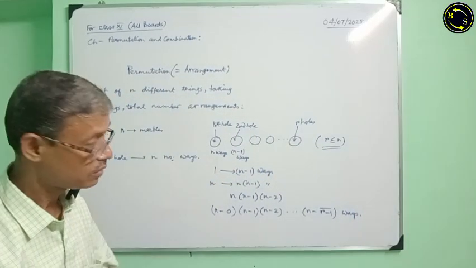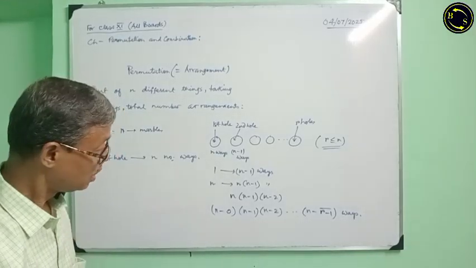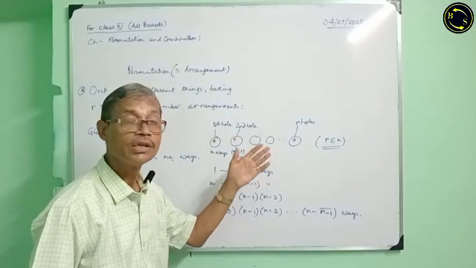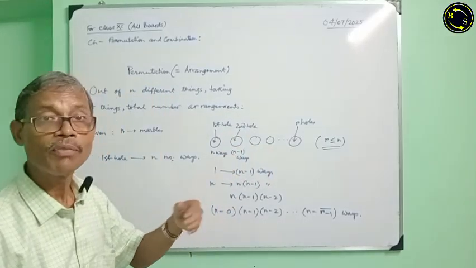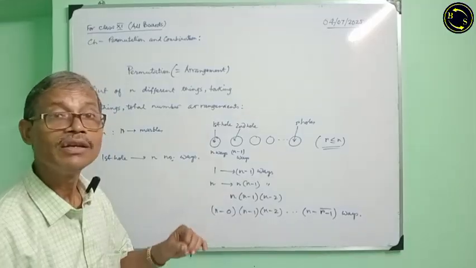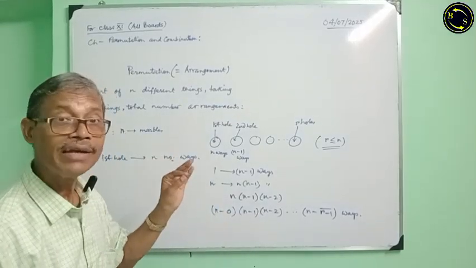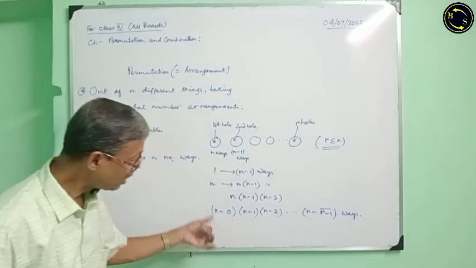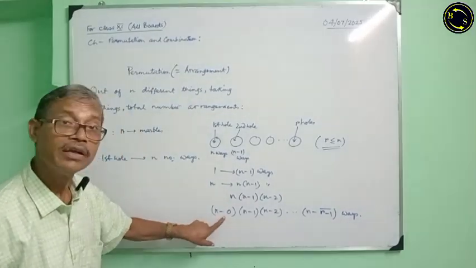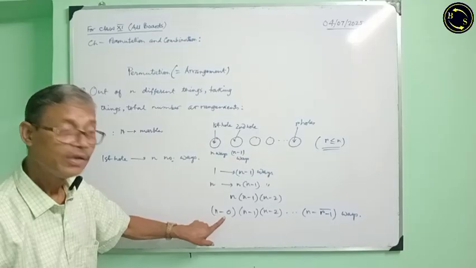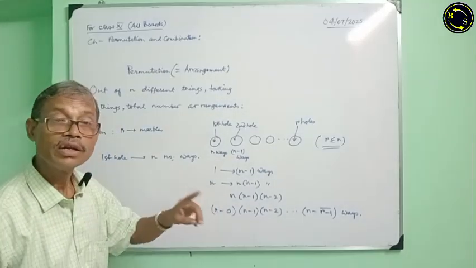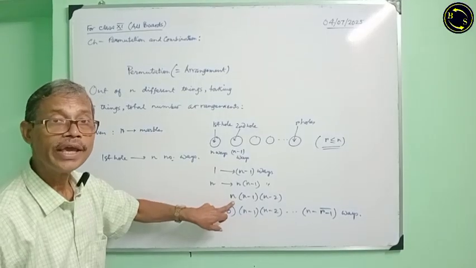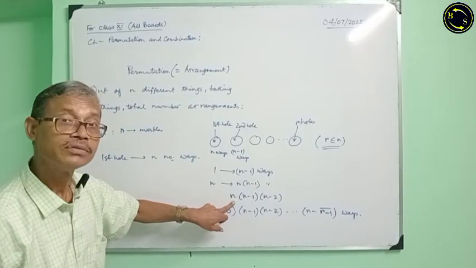Try to understand. Very interesting. Total number of ways of filling r holes by r marbles taken from n different marbles will be this one. You see, I have written the first factor n minus 0. That means 1 less than the whole number. First hole, whole number.